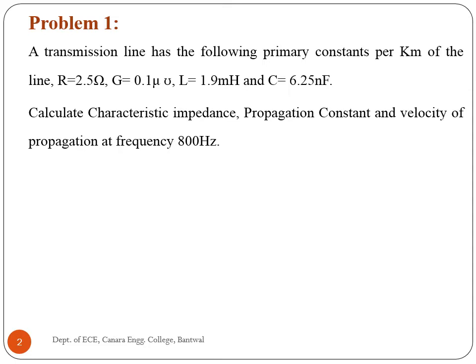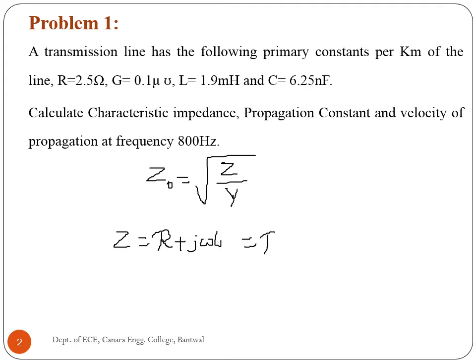Characteristic impedance Z0 is equal to root Z divided by Y, where Z is equal to R plus j omega L, where omega is equal to 2 pi f.